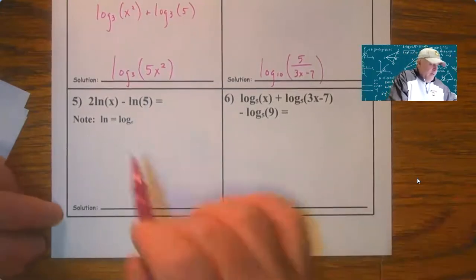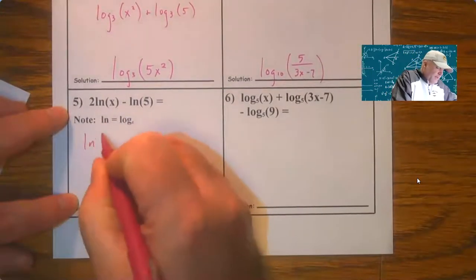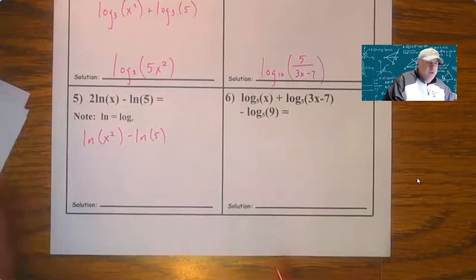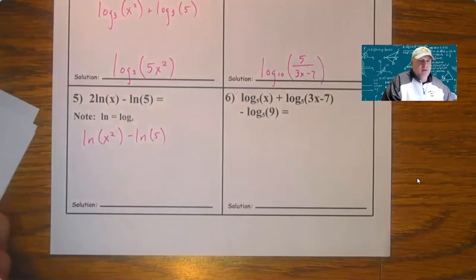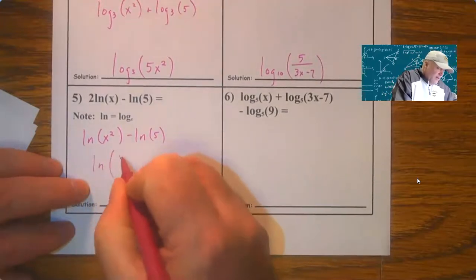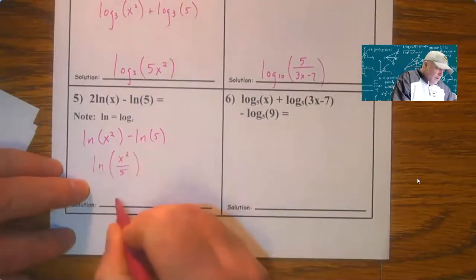So here we have to move this 2 inside. You could write log base e if you wanted here. There's no reason that you can't do that. So you're subtracting, so that means you're going to divide what's inside out.